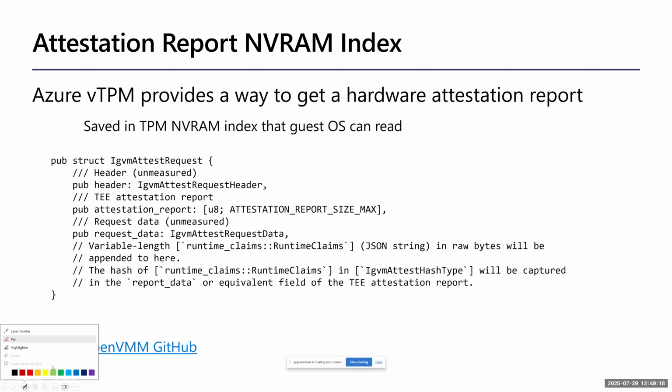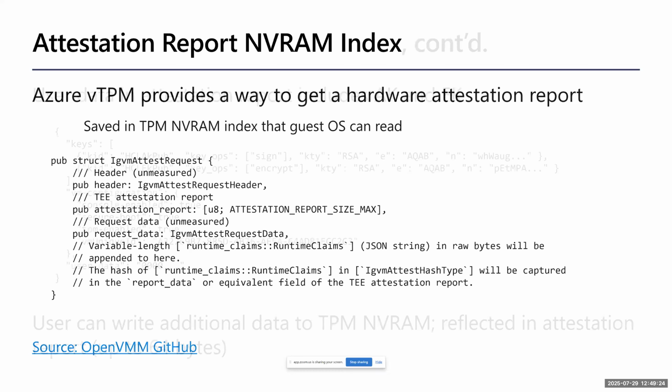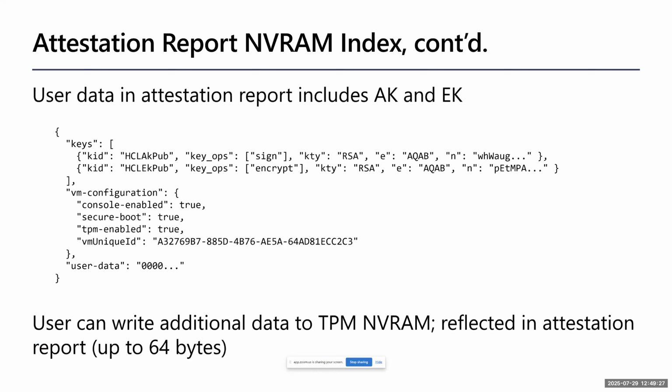To expand on that, this is an example structure of the user data, or the additional data, that OpenHCL would produce and include in the platform report. The first thing is the TPM keys themselves. This is the actual public parts of the AK and EK that we've provisioned. The next part is what we call runtime claims. This is information about how OpenHCL has been configured to run in this particular confidential VM. These are configuration attributes that are not hard coded into OpenHCL; they're configured by what the VM wants.